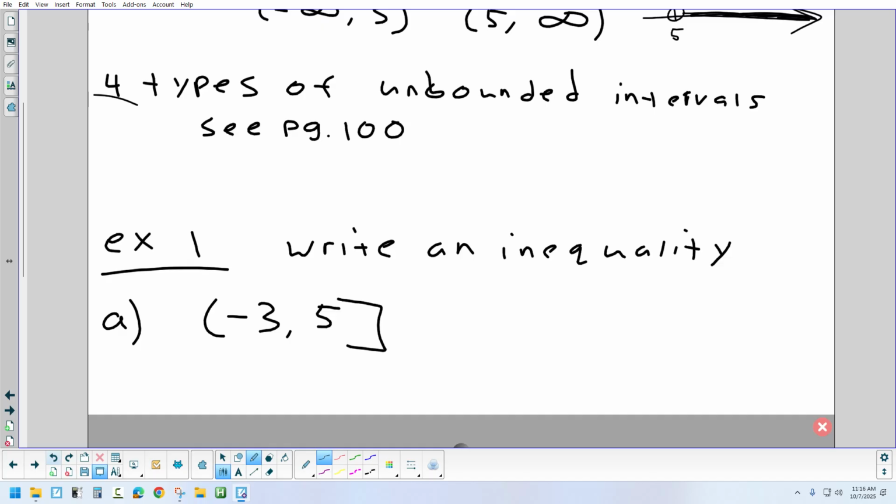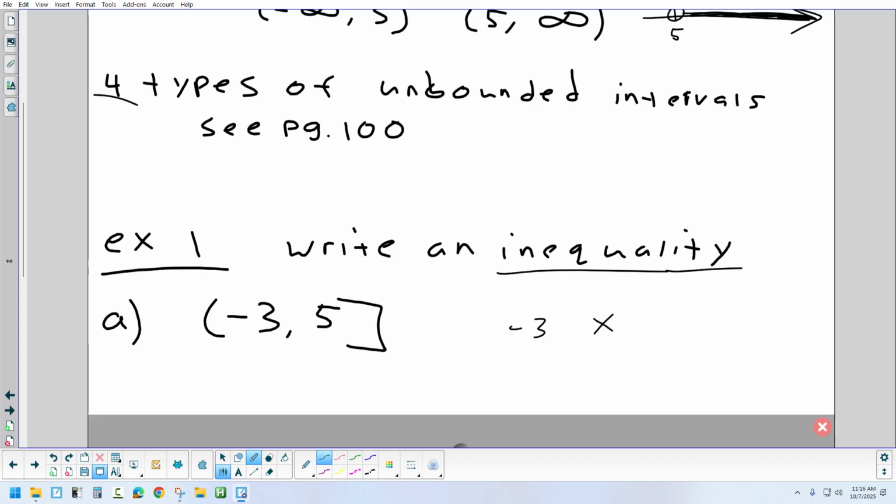There's no variables in set notation, but as an inequality there is. What do we normally pick for a variable when we write inequalities? X. You don't have to, but we will. So let's pick x. Where would the -3 go? To the left.